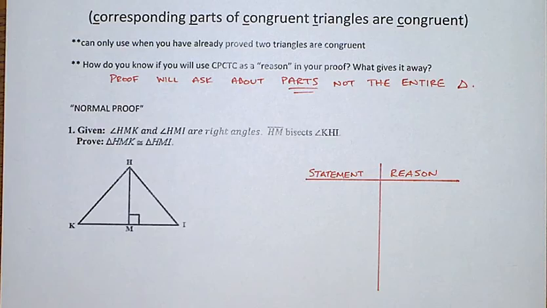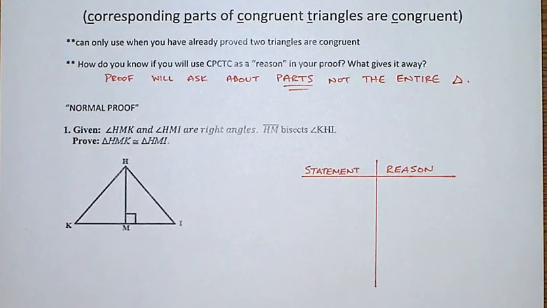So let's go through a couple proofs, because my goal for the end of this week is that you guys feel comfortable going through proofs on your own. We'll go through this first one together, kind of walk through the steps and the reasoning, and then we'll go through the second one, which is the CPCTC proof.